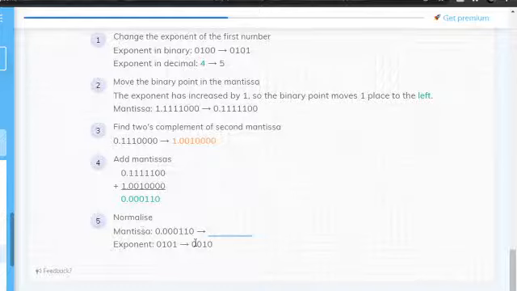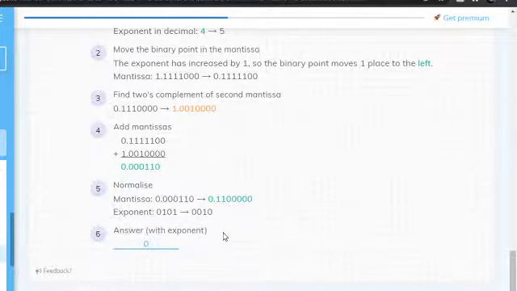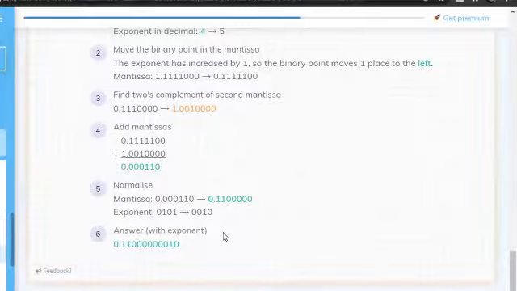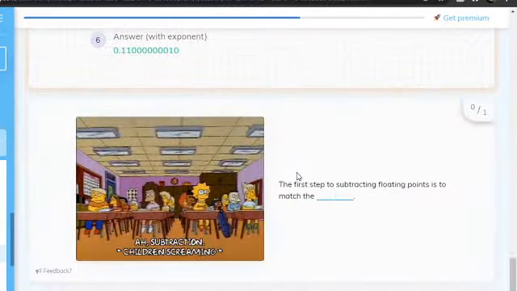Normalize that, so now it'd be 0.110. Then the answer with exponent would be that. Simple. So that was how to subtract. The first step to subtracting floating point numbers is to match the exponent.